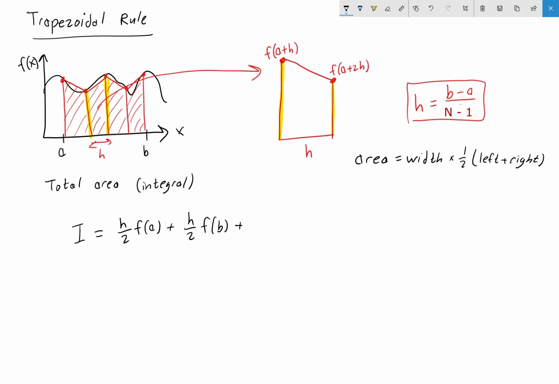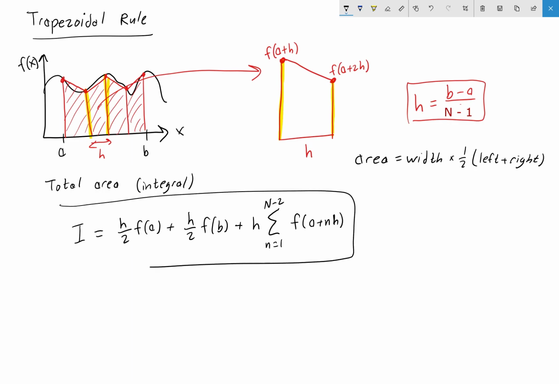So 2 times a half cancels out, and we'll just have a single factor of h, and then a summation to represent all those intermediate points, where we'll have some index lowercase n starting at 1, traveling up to capital N minus 2, because we already have 2 if we do the first beginning and end. So N minus 2 are left over. And we have f of a plus n h. Let me just make these a little visually more distinct. And so that's the trapezoidal rule, where we have a total of capital N points.